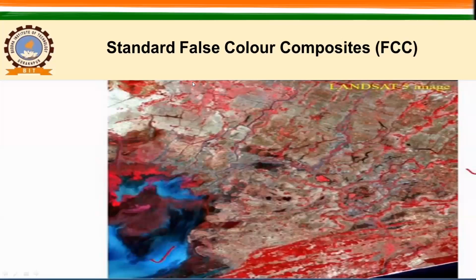Now do you remember that vegetation curve? It was something like this, and this is basically SWIR. Now this is 0.7 micrometer. Okay, so you have assigned red color to this particular band, so your vegetation will appear in red because they are having maximum reflectance in this particular area.